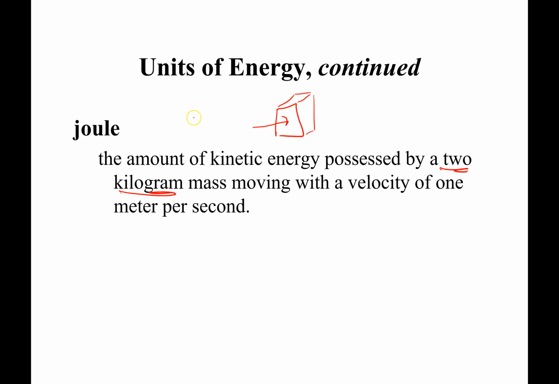In this case, this is a 2 kilogram object. And I'm going to move it this way. And V, its velocity, is going to be 1 meter per second. Now, associated with motion, that must be kinetic energy, not potential energy.